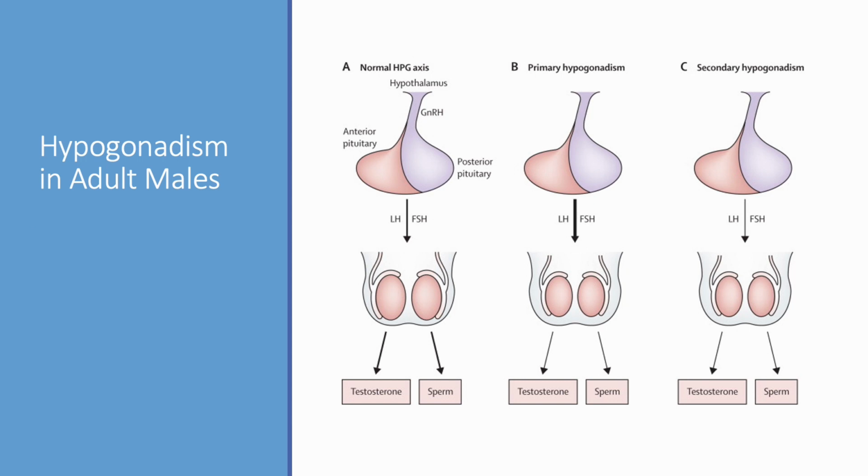So hypogonadism, this is just a more physiologic type of diagram that we're looking at here. The hypothalamus will release gonadotropin releasing hormone, which goes to the pituitary gland to signal for luteinizing hormone and follicle stimulating hormone release, which then in turn goes to the testes to result in production of testosterone or sperm.